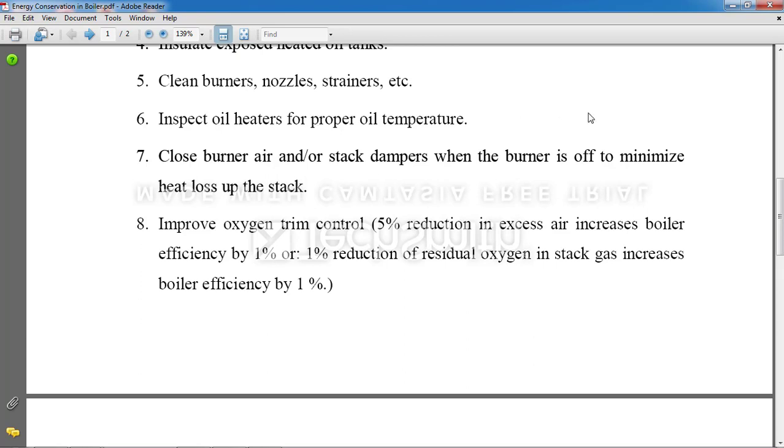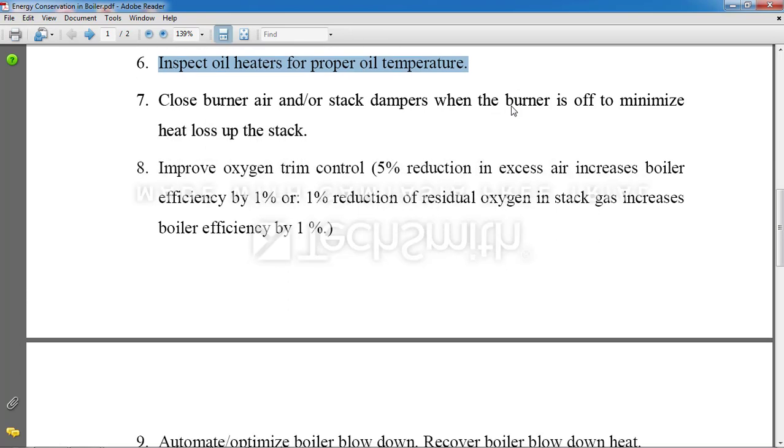If they stick to the nozzle and burner, they will choke the holes, and the heat provided to the boiler will not be up to the mark. Next, inspect oil heaters for proper oil temperature.